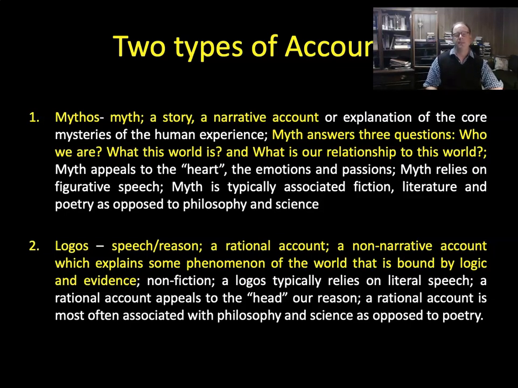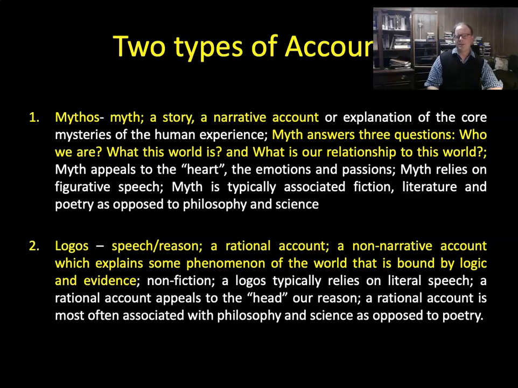of reasons. But there's two fundamental types of accounts we're going to encounter in this class, and I'm using the Greek words because I think they really capture the dimensions of what we're looking at. This is the playing field on which we're working in the ancient world, in terms of the types of stories that we encounter.